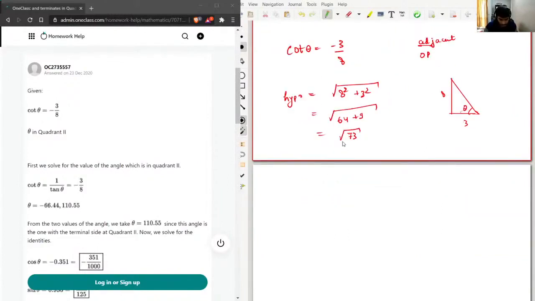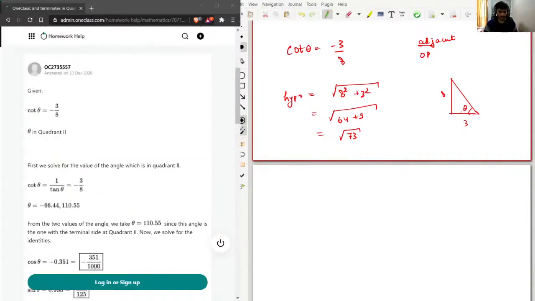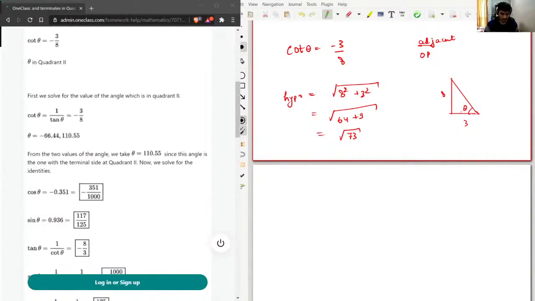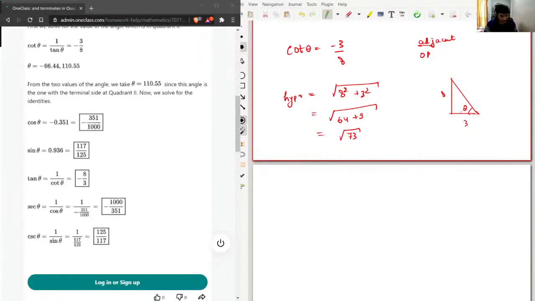I'll just go with 73, I guess. It should be 73, and 73 is irrational, I know that. So I have to directly find the square root of this. From the two values, theta equals 115, so they are using the calculator here.